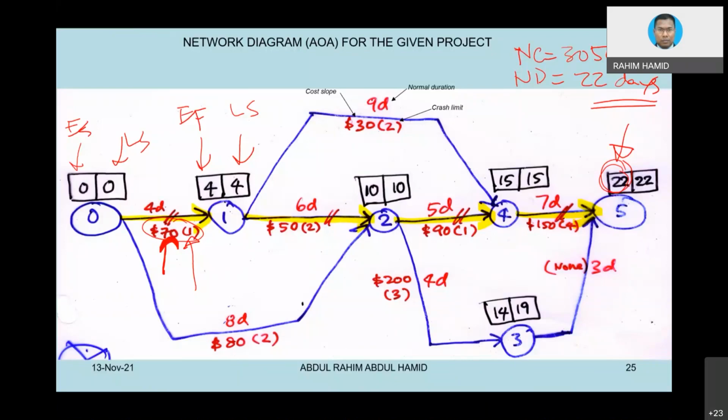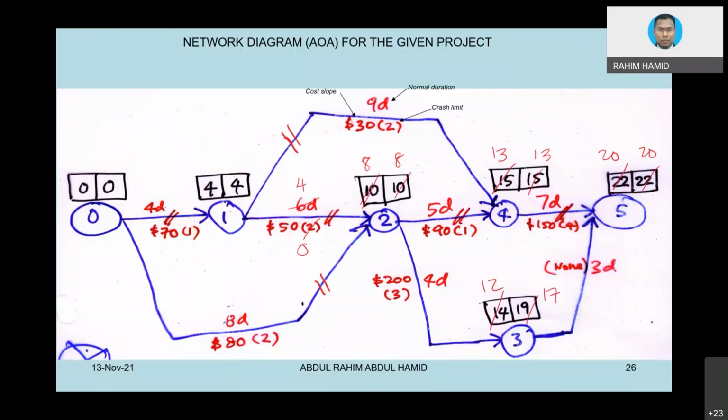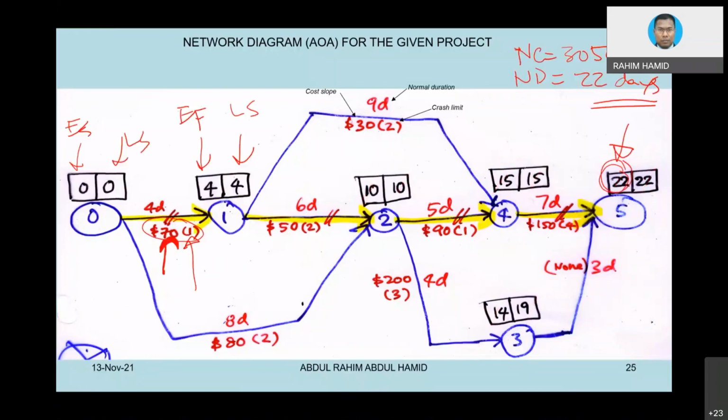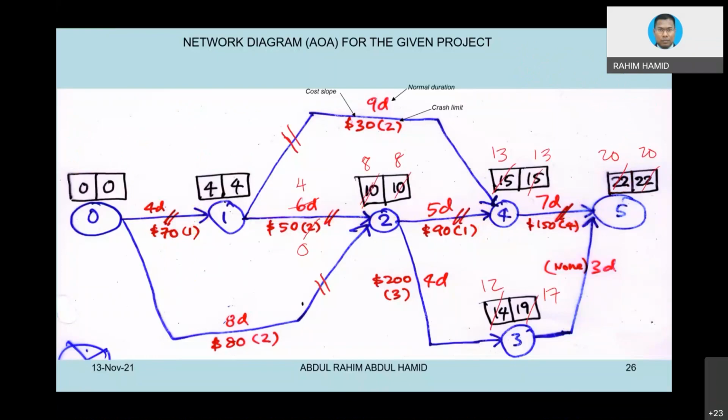Okay, so in order to do this exercise, you need to duplicate many drawings. You have to copy back the drawing because you need to do the calculation and put a rough answer there. Then only you can see. You cannot just use one drawing and imagine what the numbers would be. You get confused. So for me, it is better to duplicate the drawing so that you can put some notes there.